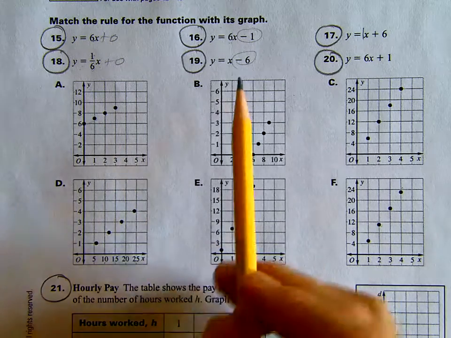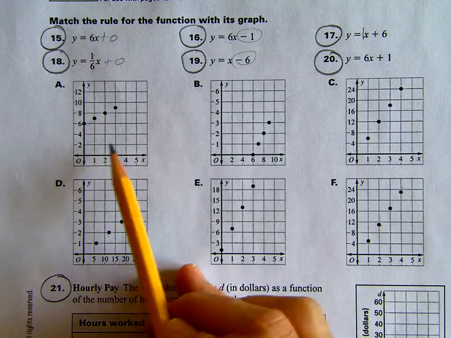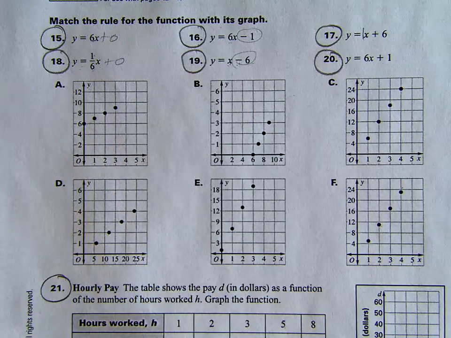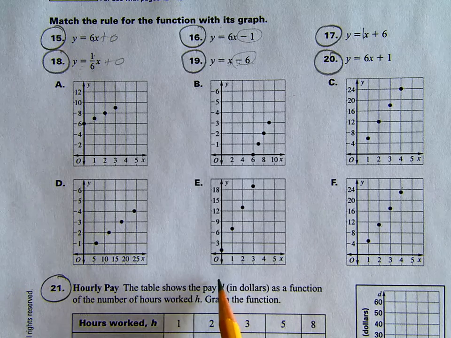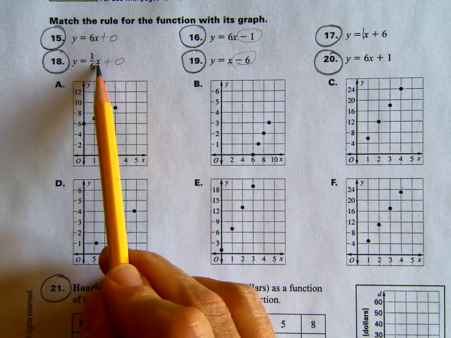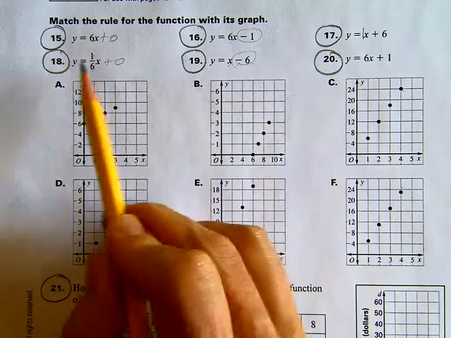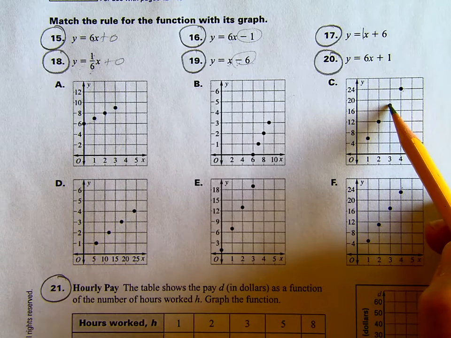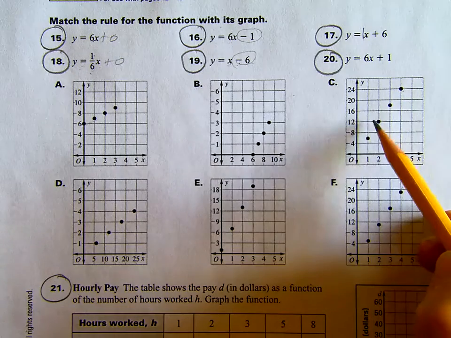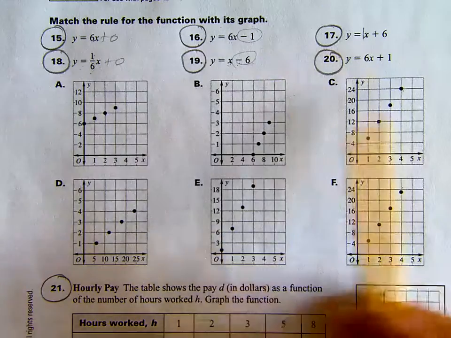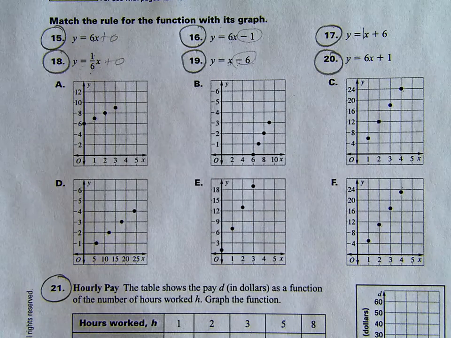Nope. That's this one. 8 minus 6. 3, 9. That's this one. 9 minus 6 is 3. 1/6 x. Well, I guess I should look at the scale. So, like here's a 24. 24 divided by 6 is 4. That's that one. 18 divided by 6 is 3. That's that one. So this one would be C. Anyway, plug in and test and see points.